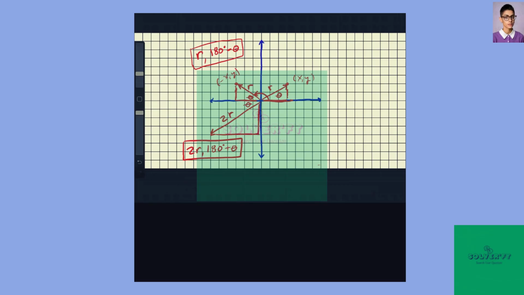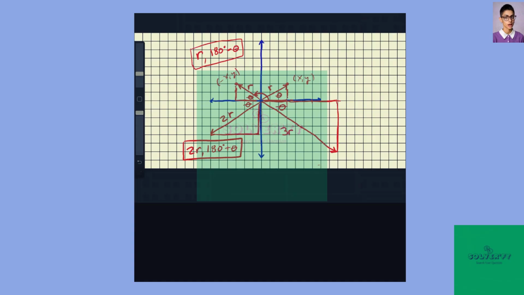And the final one is 3x, minus 3y. 1, 2, 3x will be out here, and minus 3y. And so it's going to be down in this direction. Okay, and very similar to the other ones, our x value is multiplied by 3, our y value is multiplied by 3, and so the distance is just going to be 3r.